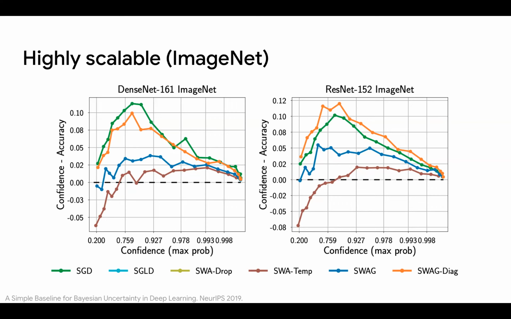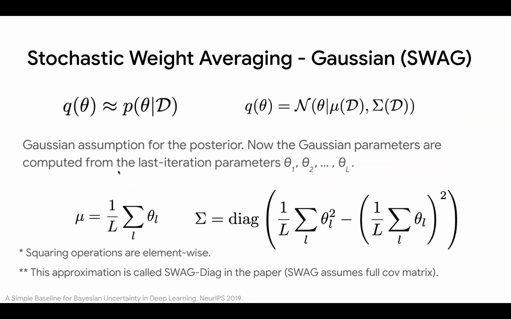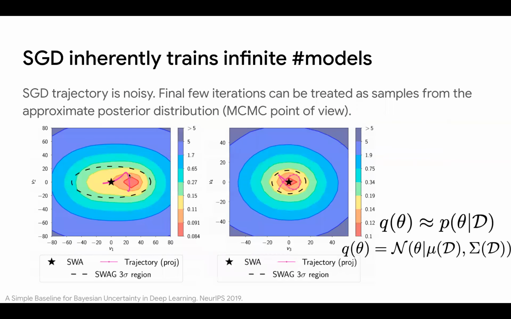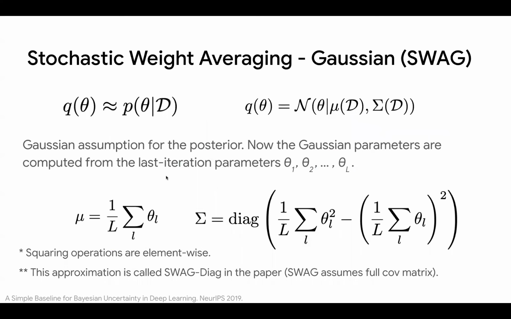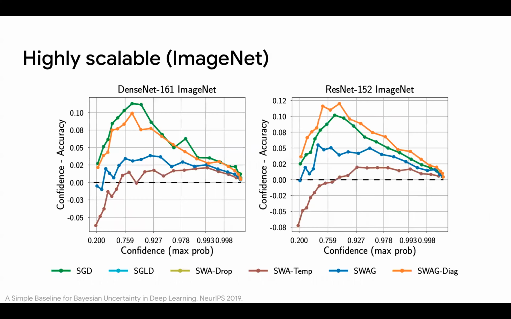Yes? Do we average over last M training epochs, or what is it that we're averaging over? We are averaging over the last M epochs, where M is some kind of hyperparameter, I guess. This is really easy.